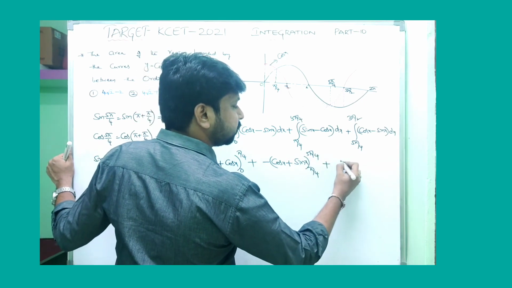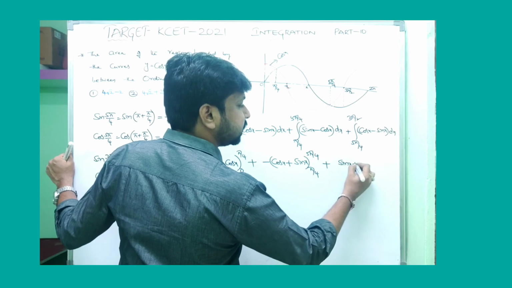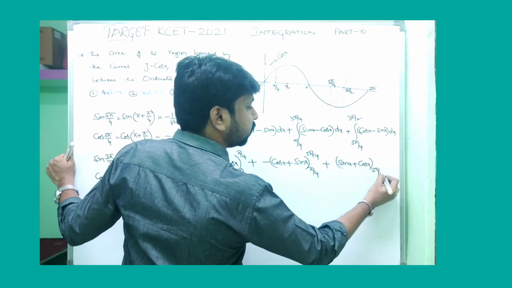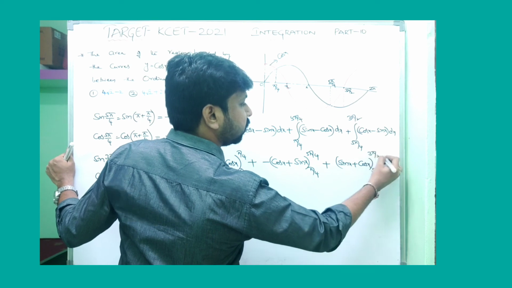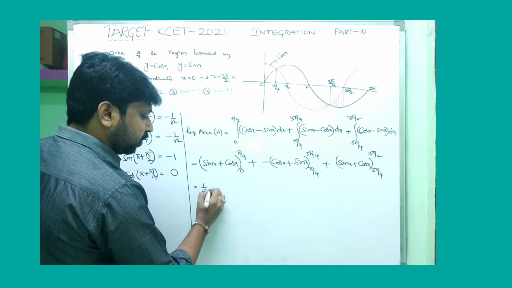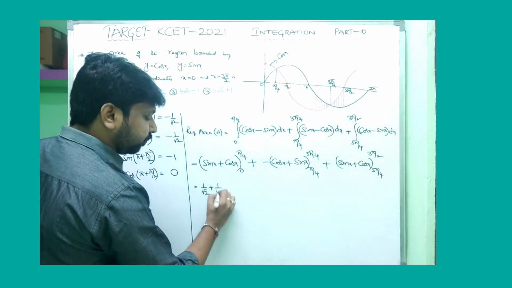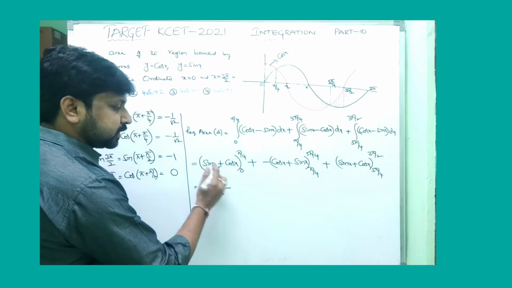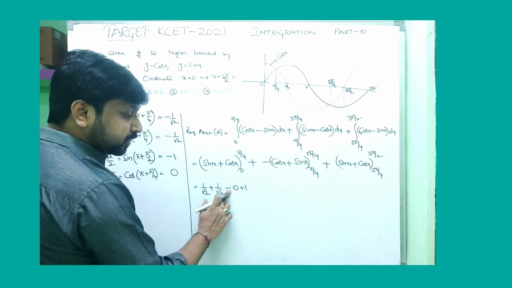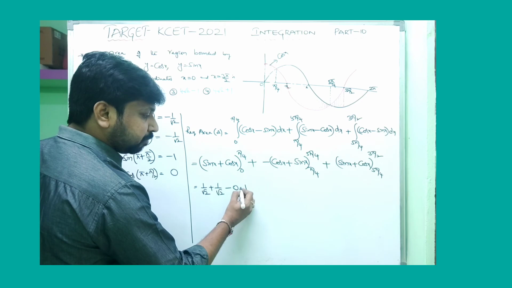Plus cos x integration, sin x, minus sin x integration, cos x, with limits 5 pi by 4 to 3 pi by 2. Now sin 45 is 1 by root 2, cos 45 is 1 by root 2, and at the lower limit sin 0 is 0, cos 0 is 1. Because of this minus, this plus also you will get minus.